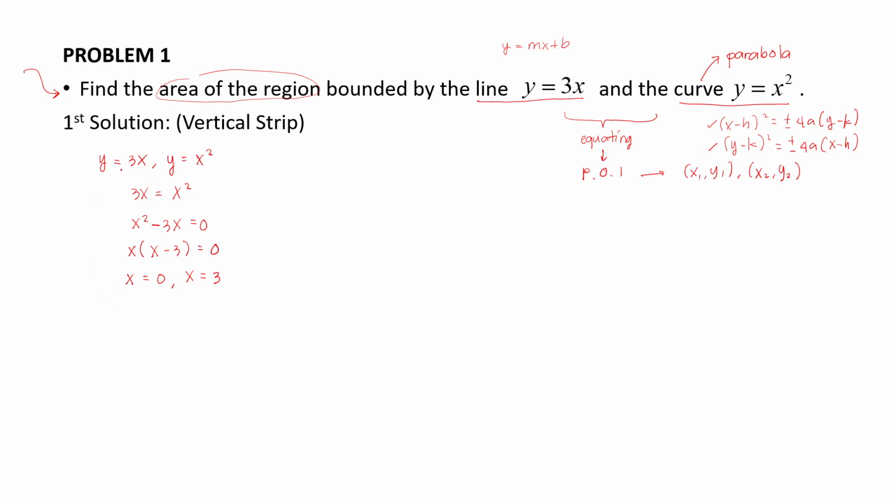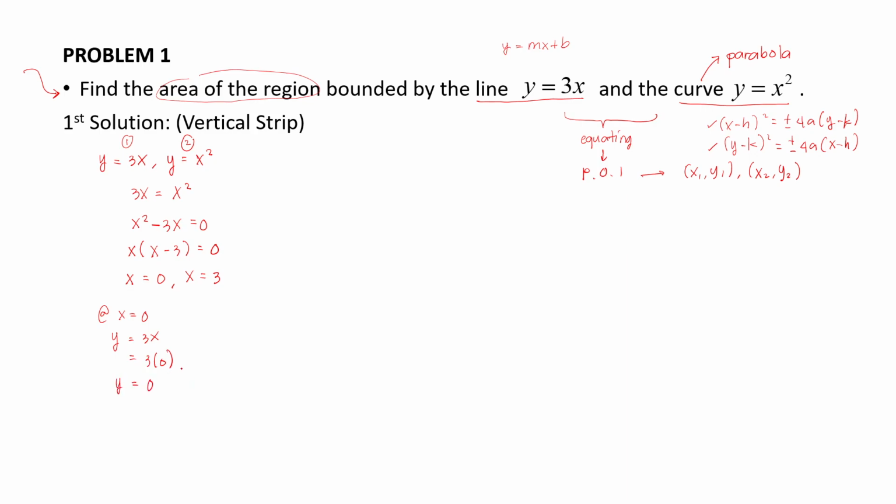The next thing you need to do is use either of the two equations above to solve for y. Let's use the first equation since it's the easy one. At x equals 0, y equals 3x, so 3 times 0, y is equal to 0.